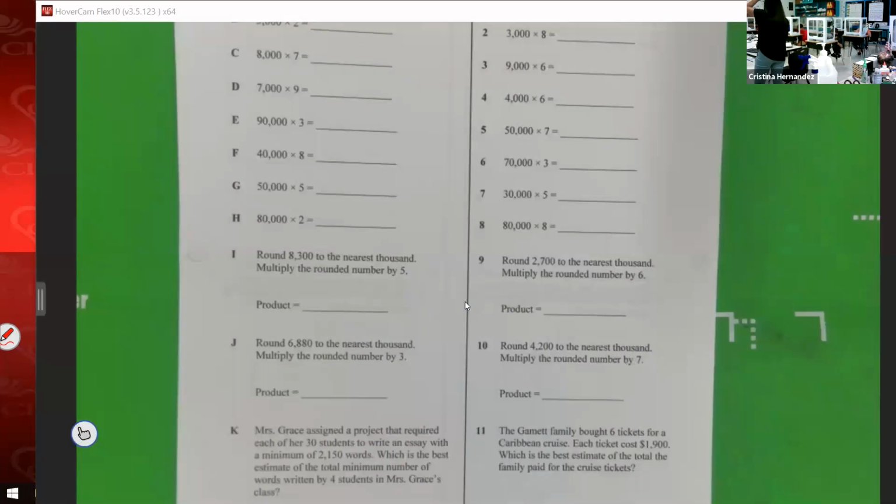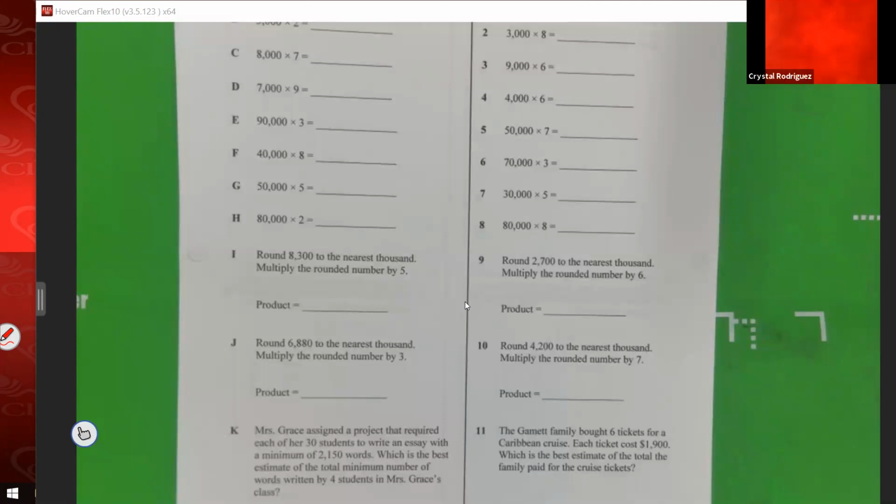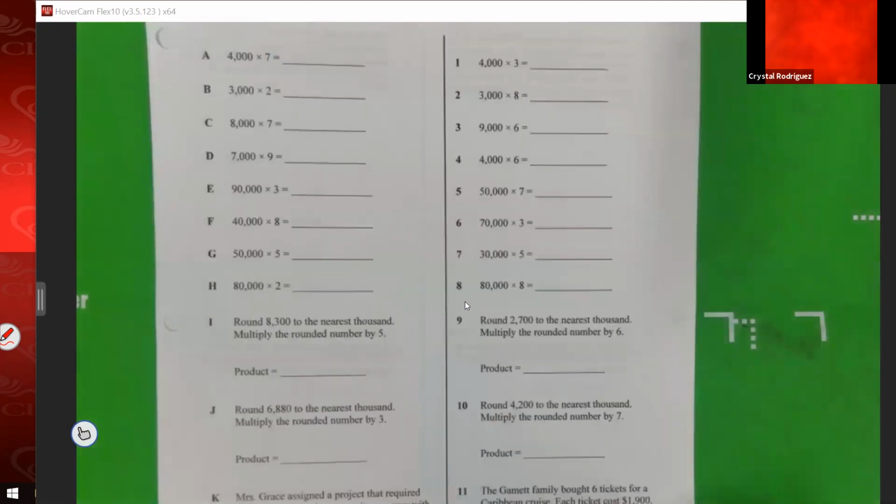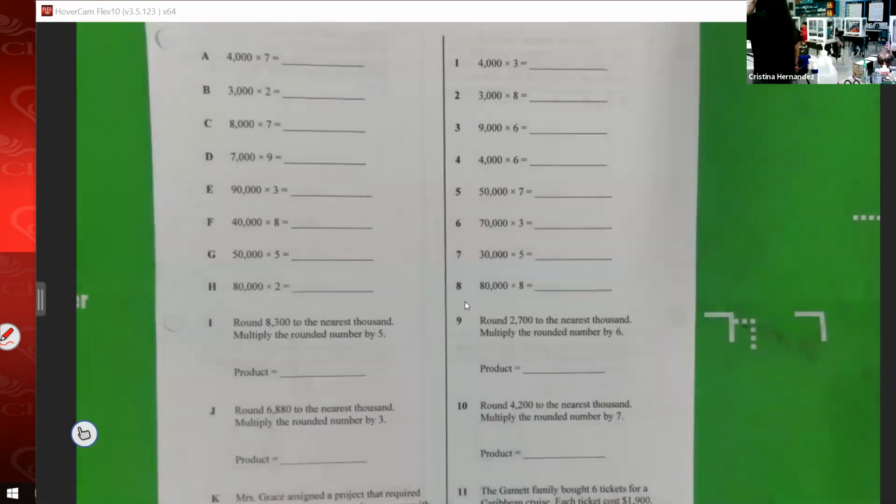What page is skills? Page 63. Don't pay attention to that one. We're moving on. Skills. So what page is that? 65. Oh, because you said 61 and then I heard 63. 65. Don't pay attention to anything I'm saying today. 65, my bad.